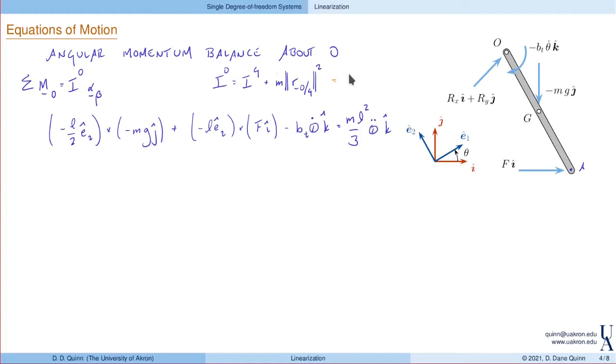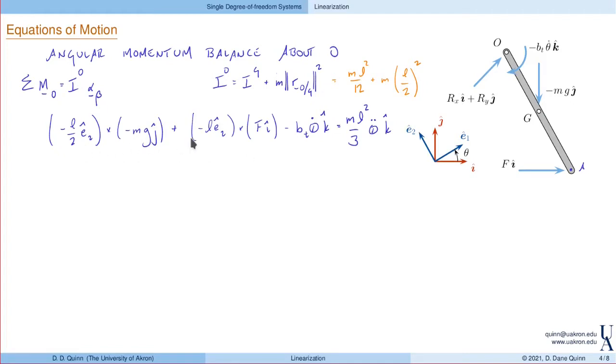Here, this would be ml squared over 12, that's the moment of inertia about the center, plus m times L over 4, or sorry, L over 2 squared. So this ends up being a fourth plus a 12th, gives me a third.